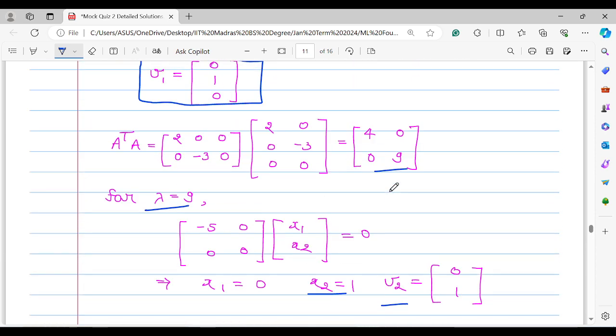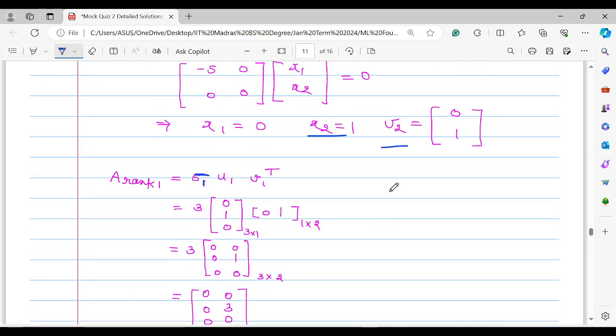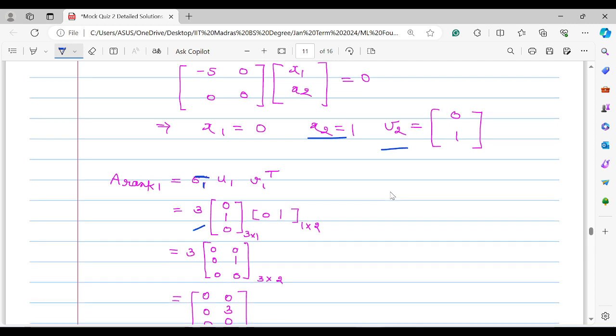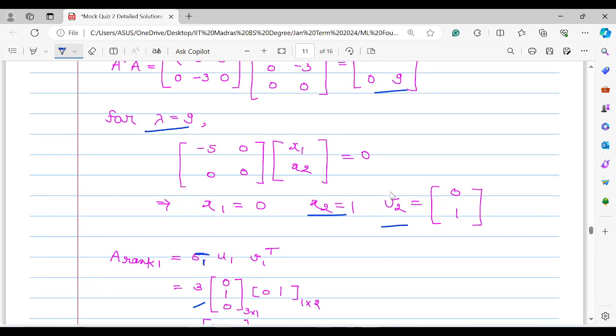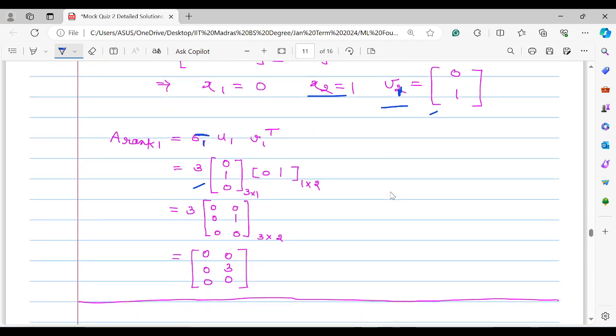And V1 transpose is 0 1. This is V1, taken as transpose. You can simply multiply these two matrices and you get 0 0 0 3 0 0. So our final answer is this.